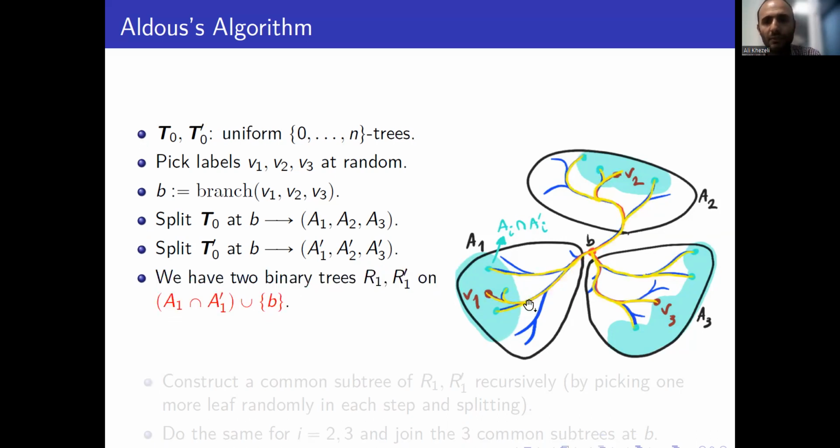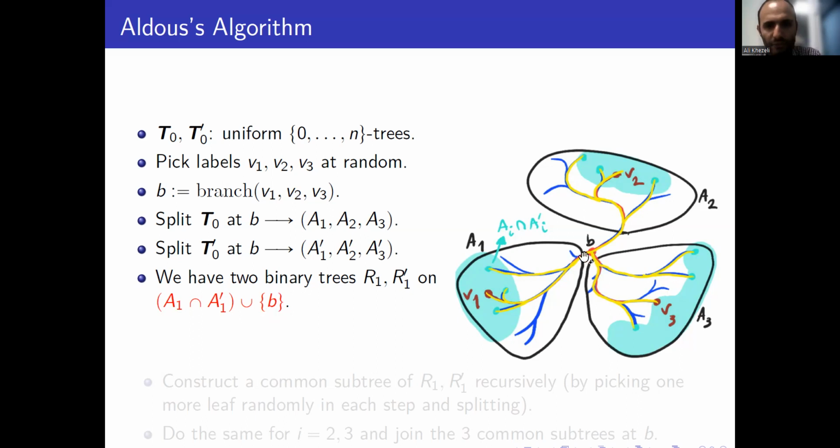When we throw out everything that is outside, we find two trees in the first branch. One is in the first tree and one is in the second tree. We call them R1 and R prime 1. This is on the first branch. Notice that in the first branch, the leaf set is A1 intersected with A prime 1, but there is another leaf, which is B here.